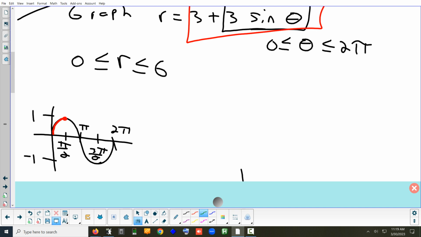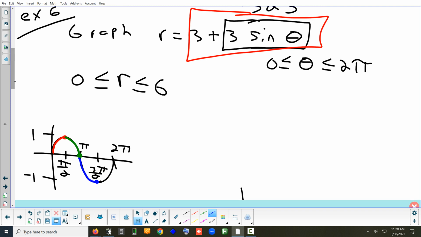The next section is from here to here. Then we'll look at what's happening from there to there, and then we'll finish up with the section in black. So I'm going to break down my problem into 4 littler problems that I can think about more easily, step by step.